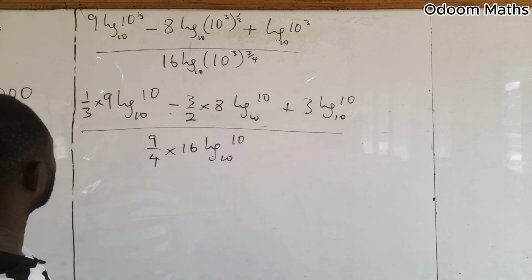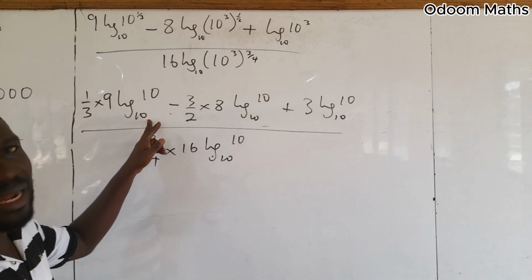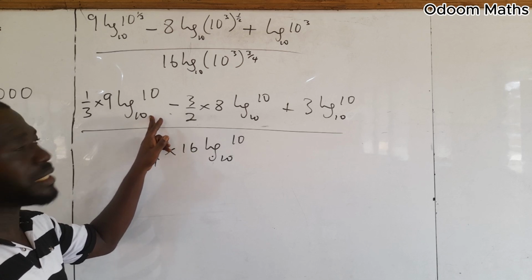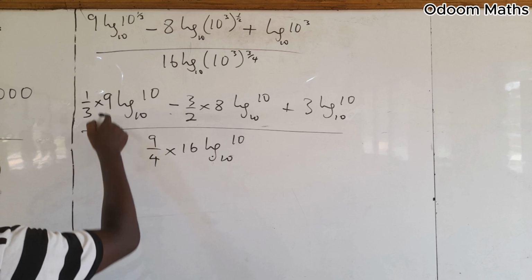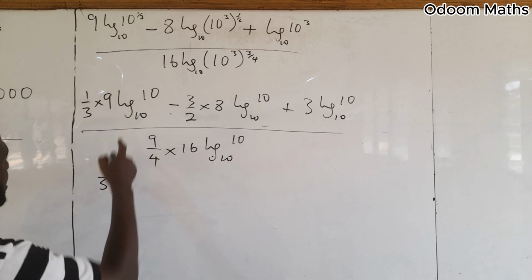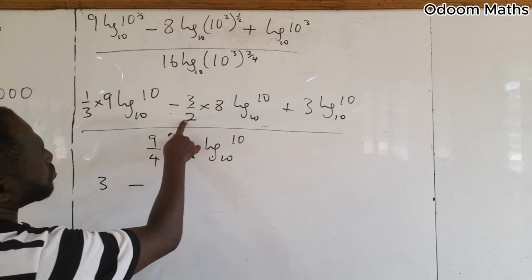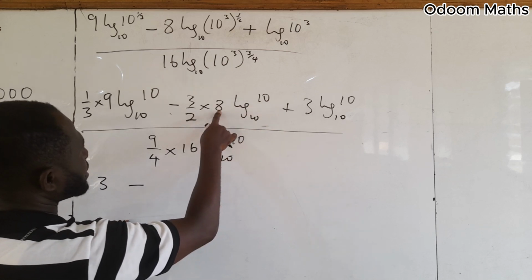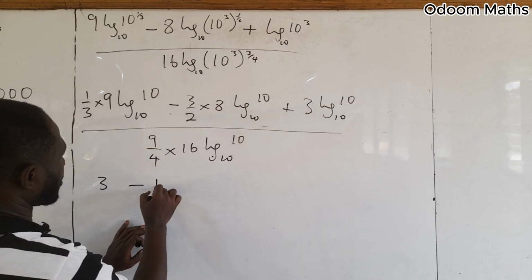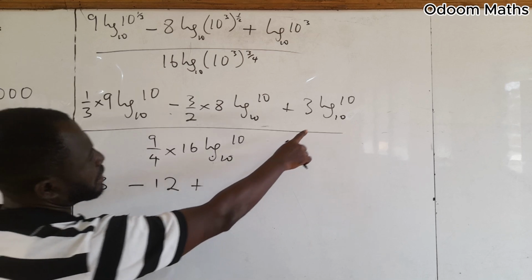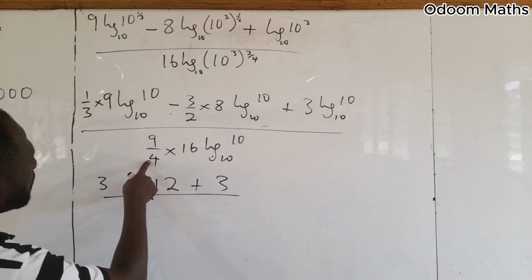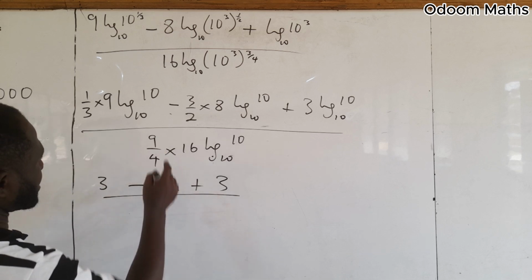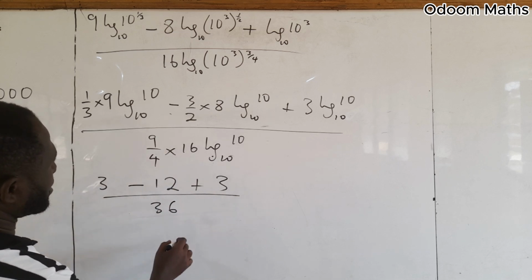Okay. Now, we said log of a number to the base of the same number is 1. So here, this is going to be 1. So 1 over 3 times 9 becomes 3, times 1. Minus, this is also 1. 2 into 8 is 4, 4 times 3 is 12. Plus, then this is also 1, then 3. Over 4 into 16 is 4 times 9 is 36.